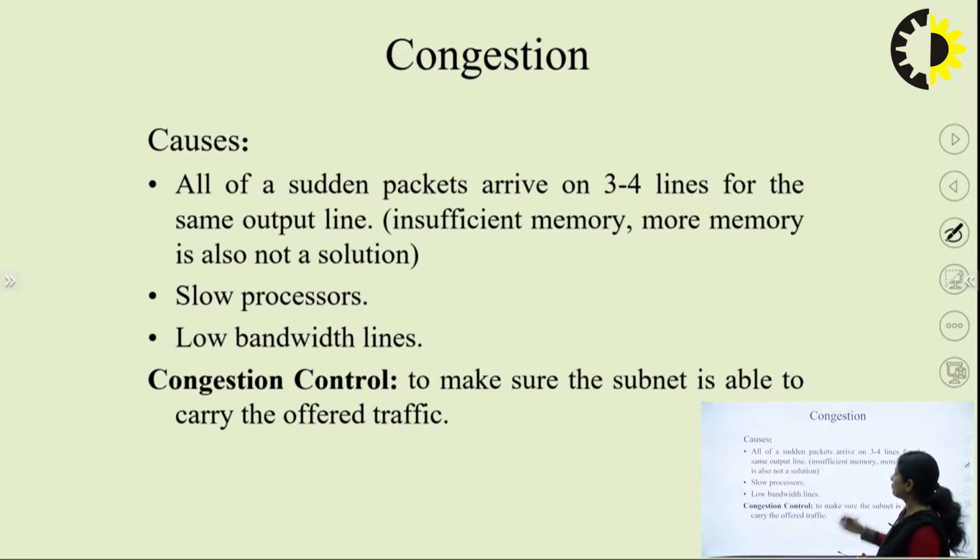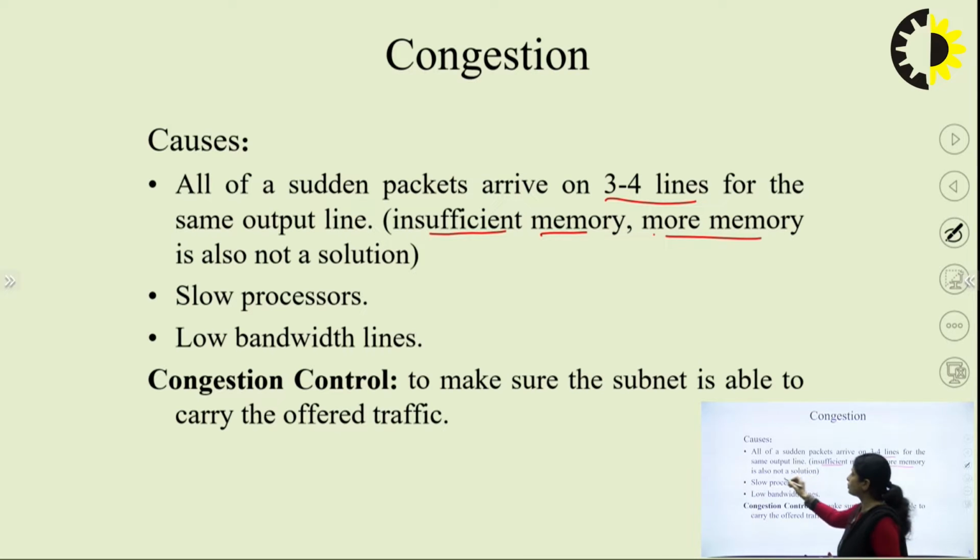All of a sudden packets arrive on 3-4 lines for the same output line, where we have insufficient memory. So, we say we can add some memory and that will solve our problem. No, that doesn't solve our problem. Why is it so? Because more memory is also not a solution.